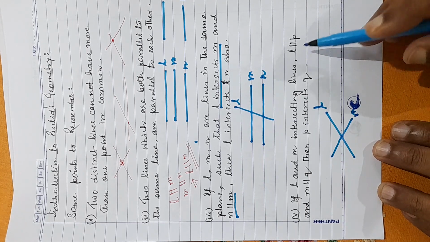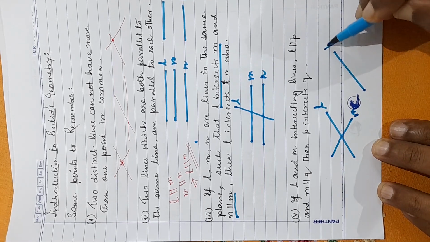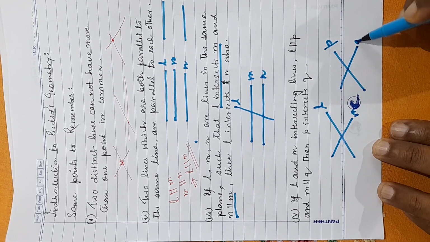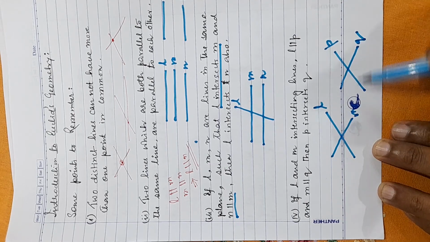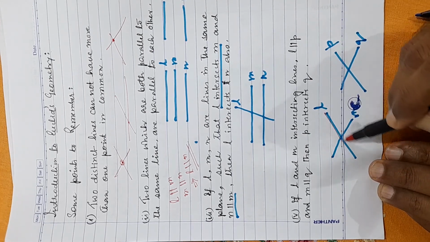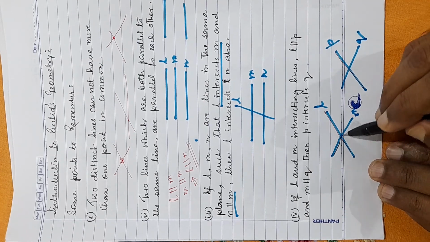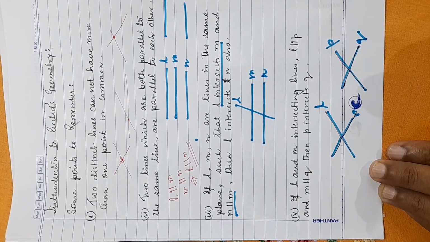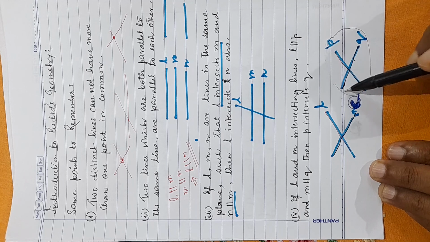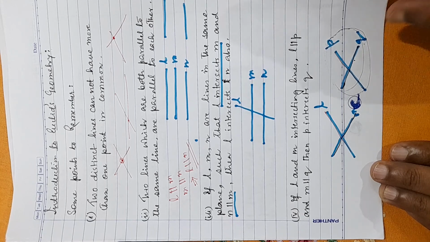L is parallel to P, and M is parallel to Q. First one is L is parallel to P, and M is parallel to Q. Then P and Q intersect. P and Q are intersecting lines. Okay, this is the fourth point you have to remember.